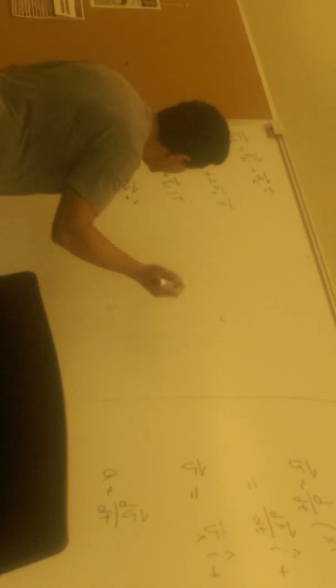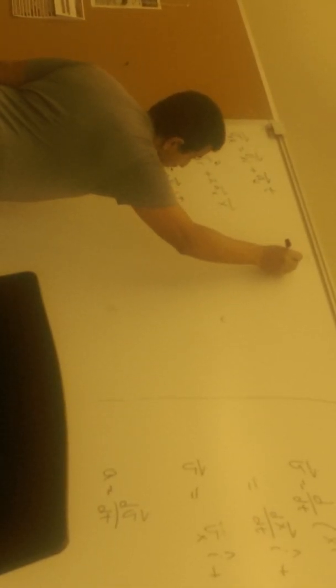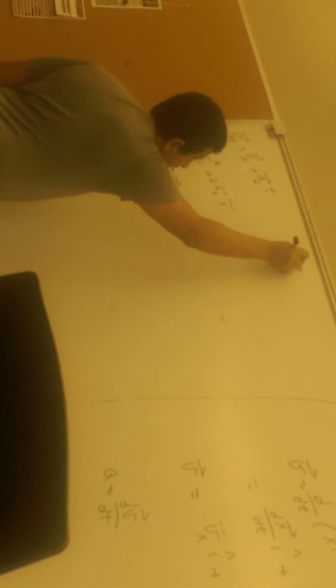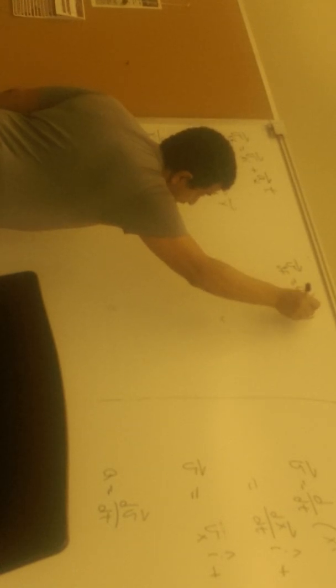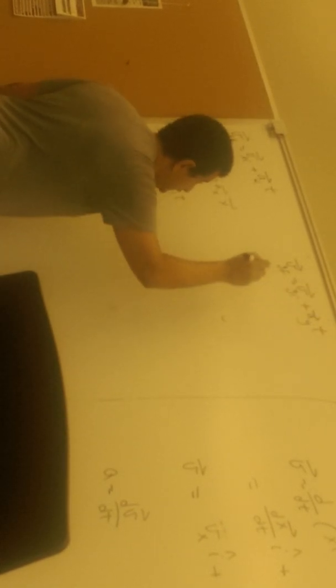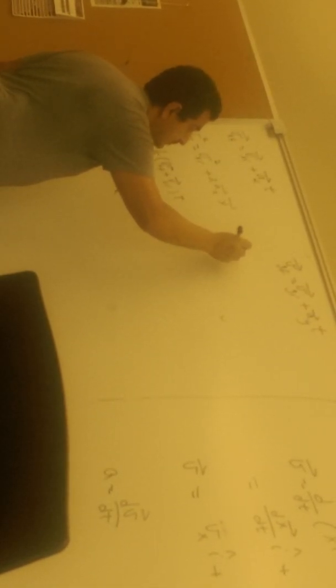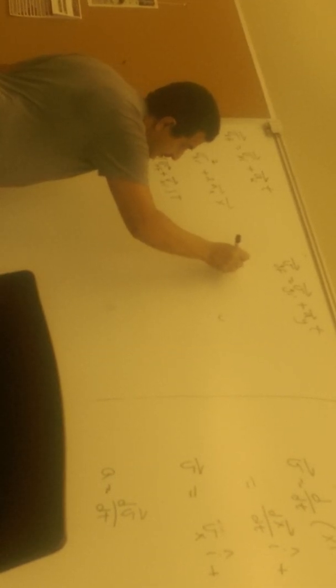And then I have identical 4 equations, which are Vy final, and then we have square.